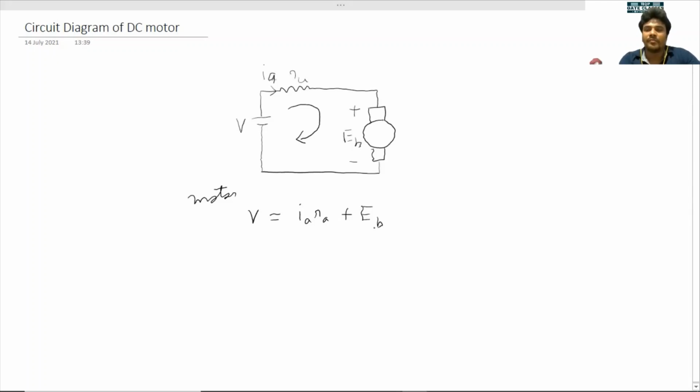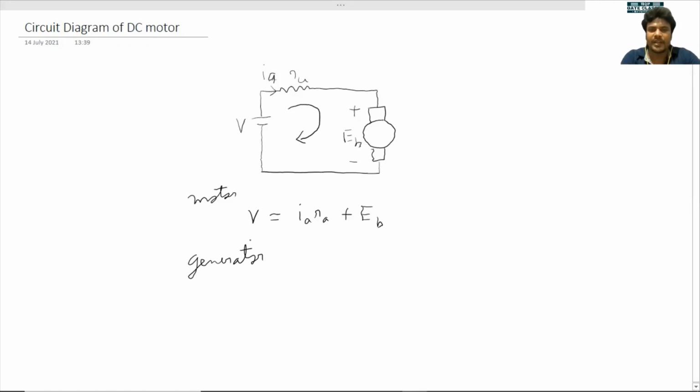Now, for a generator case, we must remember that in generator the power flow is from the mechanical, that is armature, to the electrical load, which is connected in the place of this voltage source.